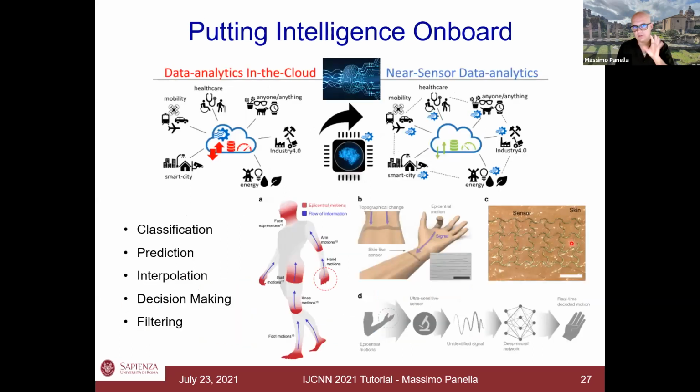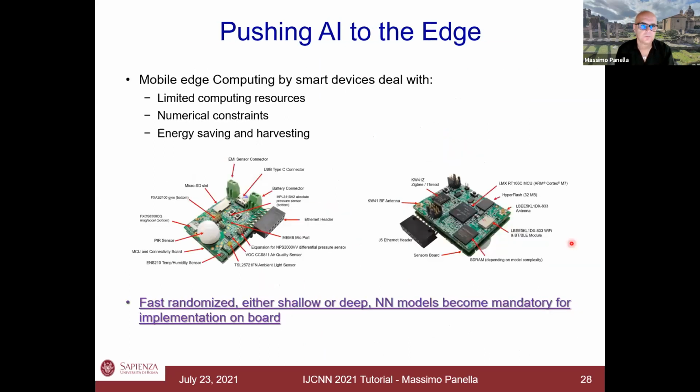The main idea is to put intelligence on board for classification, prediction, interpolation, decision-making, filtering, in biomedical application, in automotive application. Bosch, for example, in Europe is working hard. ST Microelectronics is working hard in this. We have some collaboration with my department, with these companies for the implementation of machine learning models and algorithms on smart sensors.